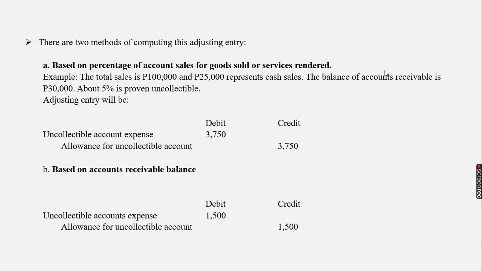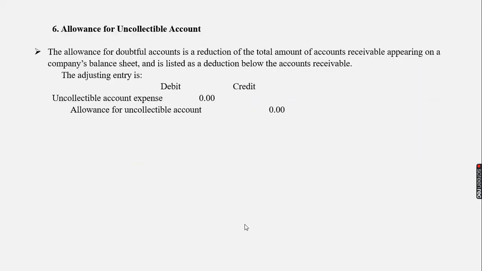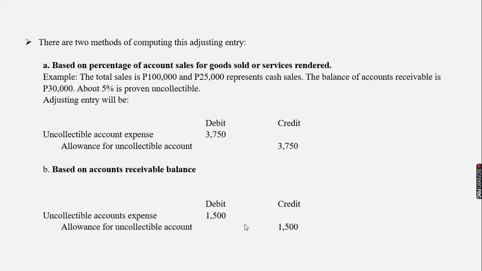So, 30,000 multiply natin sa 5%, makukuha natin yung 1,500. So, uncollectible accounts expense mo is 1,500 and allowance for uncollectible account is 1,500. Okay? So, yan yung dalawang method sa pag-compute ng adjusting entry when it comes to allowance for uncollectible account.